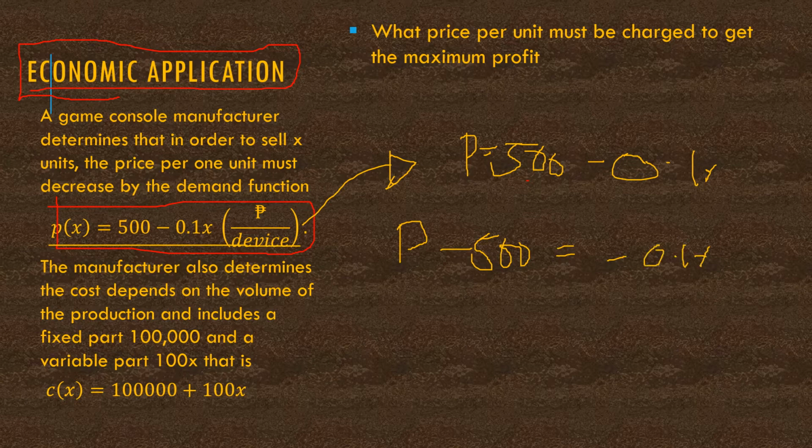Okay? Hinahanap natin yung x function is considered to be the quantity. So you have to divide it by the negative 0.1. Okay, so 0.1 divided by the 0.1 is of course 1. So it will become x. Okay, and then 1 divided by the 0.1 is considered to be how much is the value? Hanapin ko ang calculator ko.